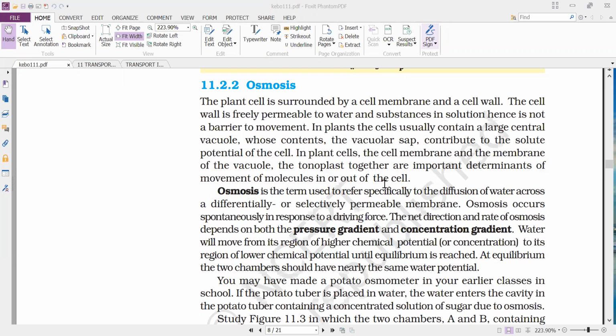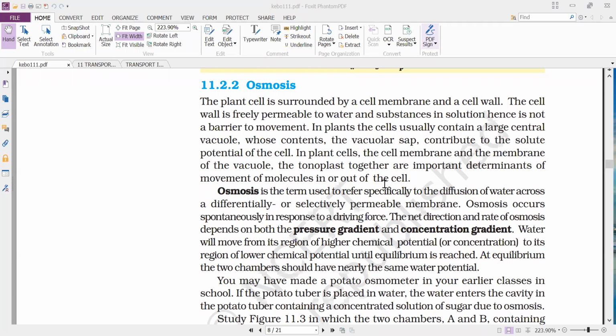So the membrane that is surrounding the cell, we call it the cell membrane. And the membrane that is surrounding the vacuole, we call it the tonoplast. These are very important membranes, considered semi-permeable membranes, which will determine the movement of molecules in or out of the cell.